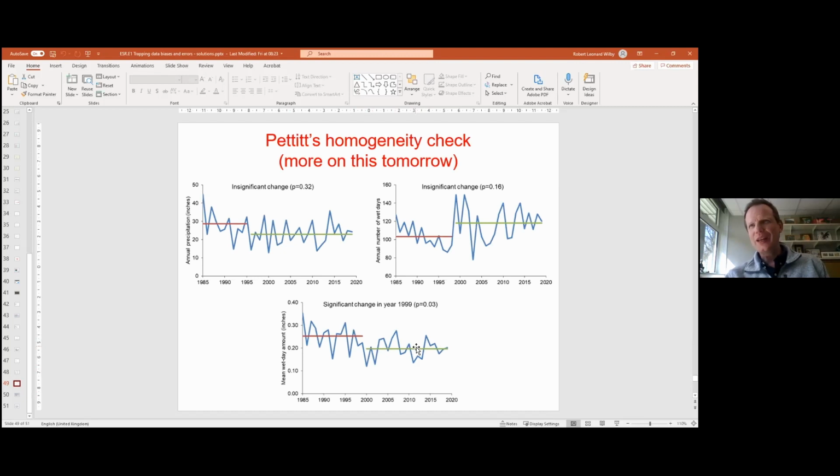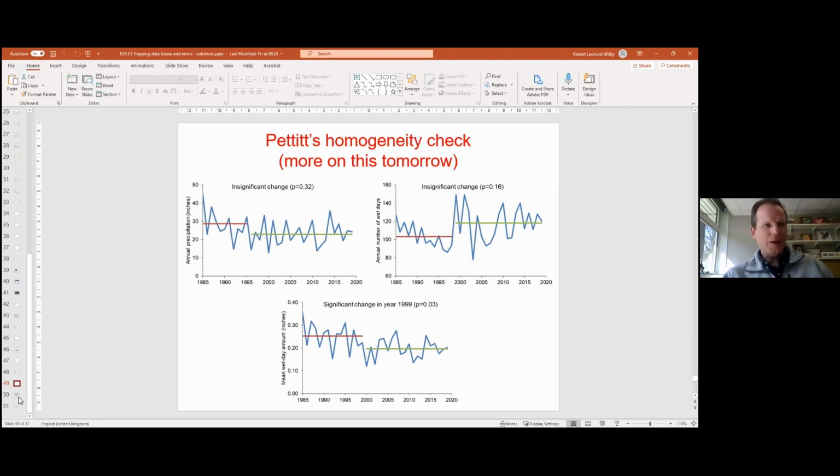Also, I will put the answers to the Excel exercise into my folder, and maybe Biljana can share that with you, and you'll see a tab where I've done the Petit's calculation, and you can see just how simple it is to do this. And it's a very nice check for the homogeneity, the continuity of a data set.